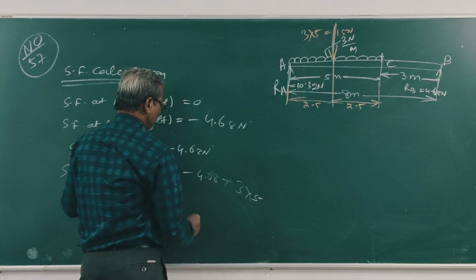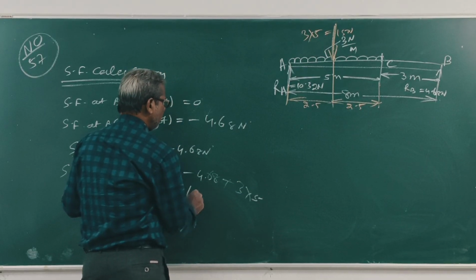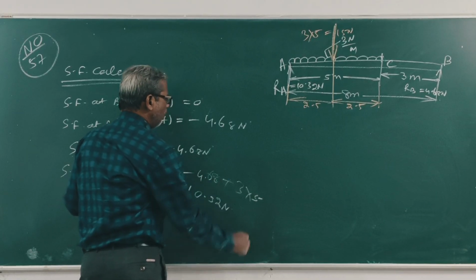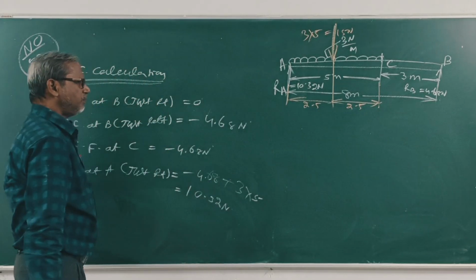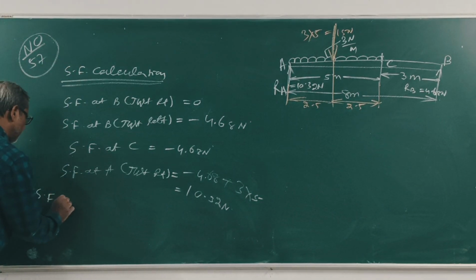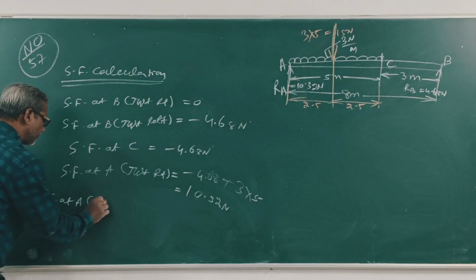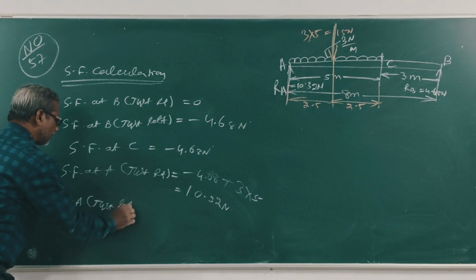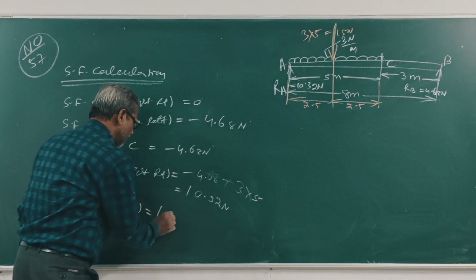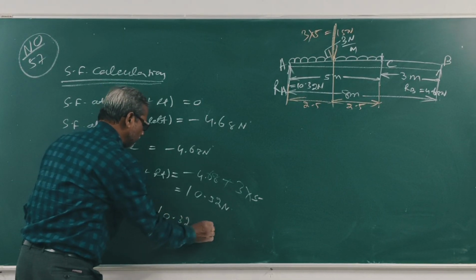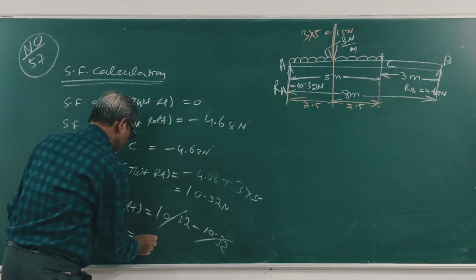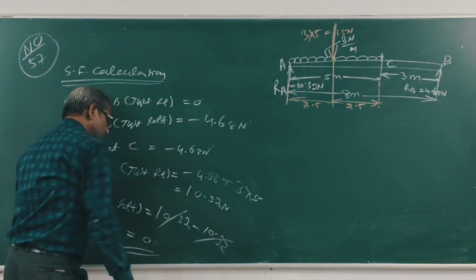So this is equal to 10.32 Newton. At A left, shear force at A just left is 10.32 minus 10.32, 0, equal to 0.